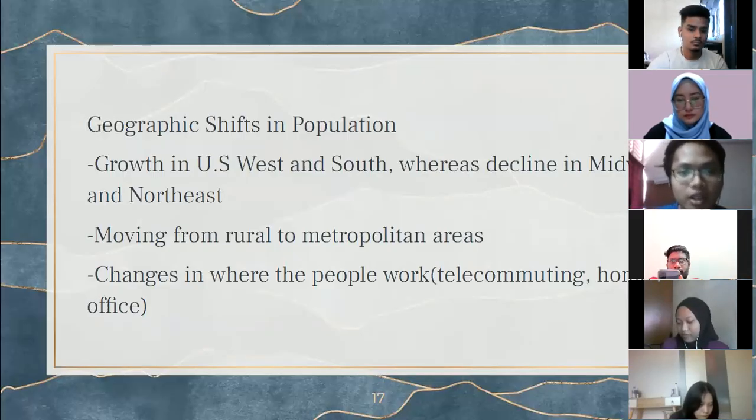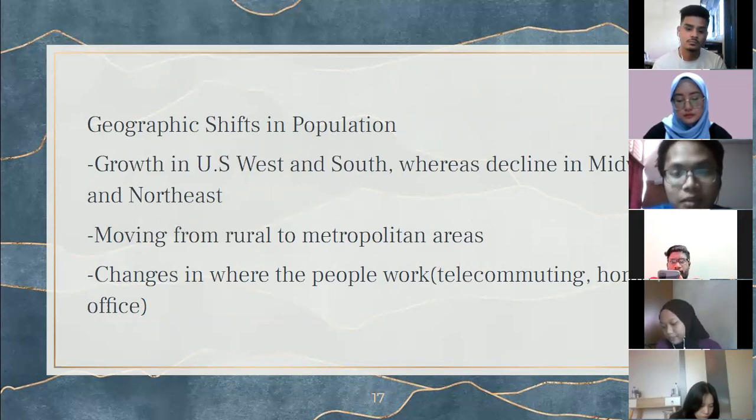Geographic shift in population. There is growth in the US West and South, whereas there is decline in the Midwest and Northeast. This shows that marketing in the Midwest and Northeast is not as effective anymore, so they need to move on to the US West and South.